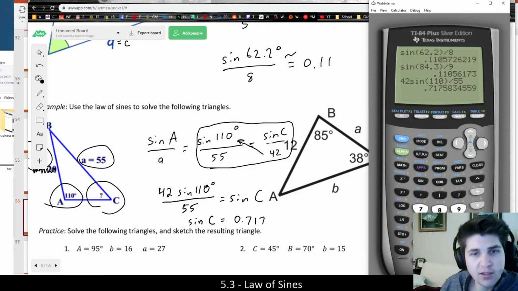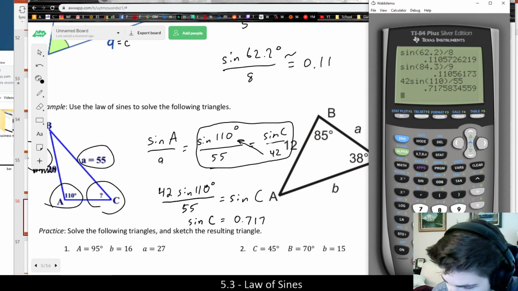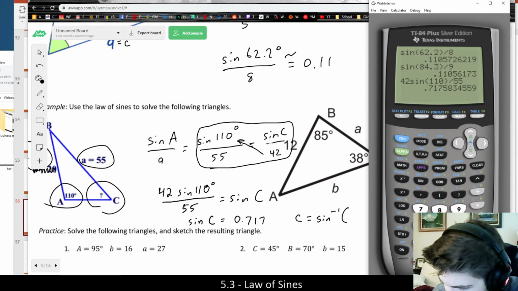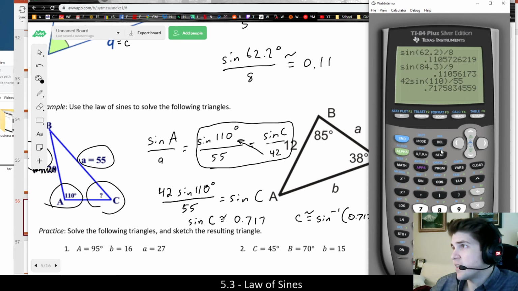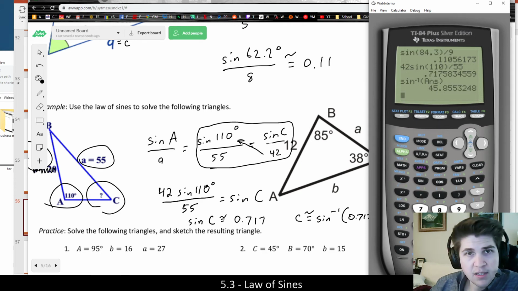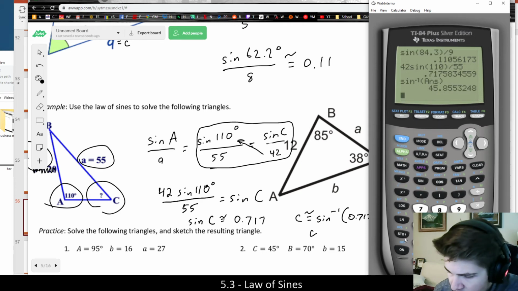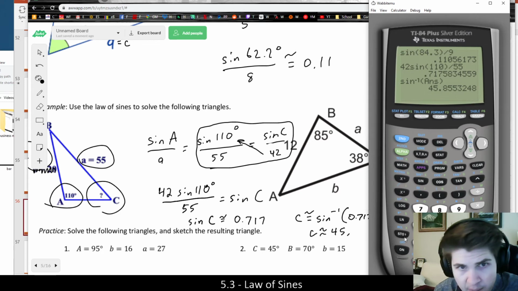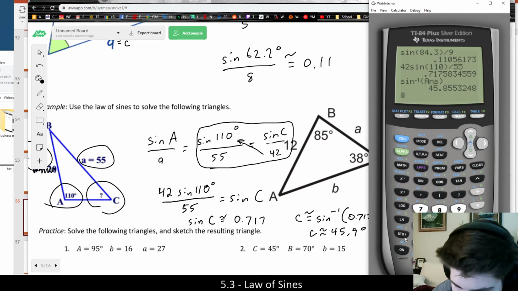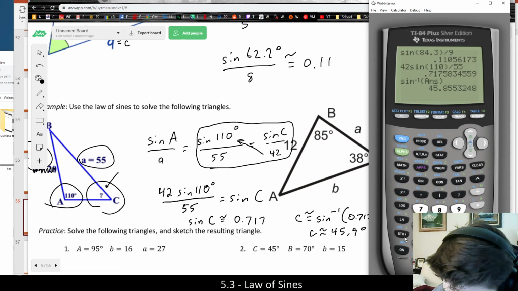And then I could take the arc sine to find angle C. So C must be equal to the arc sine of that, or approximately, because I rounded it. Or I could just take the arc sine of the entire answer from before, which would leave me with approximately 45.9 degrees.